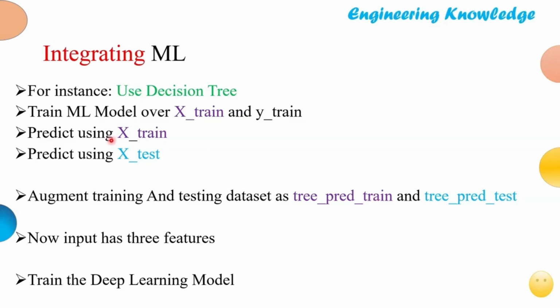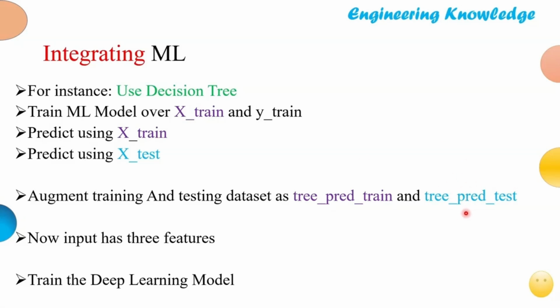So I will predict using X_train, I will predict using X_test, and I will augment the training data set, which means I will increase the number of features that I give to the deep learning model using the predicted value from the machine learning model. So the training data set will now look like tree_pred_train, which will be three in dimension, not two. It was X1 and X2, two, before, but now there is an added output of the machine learning model.